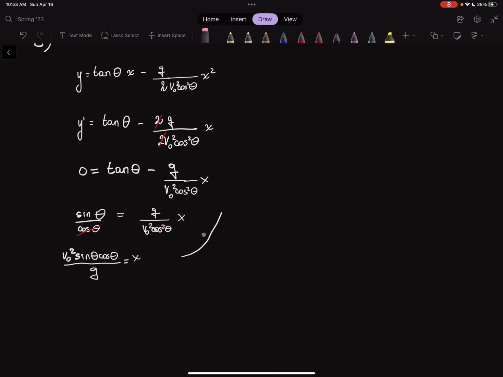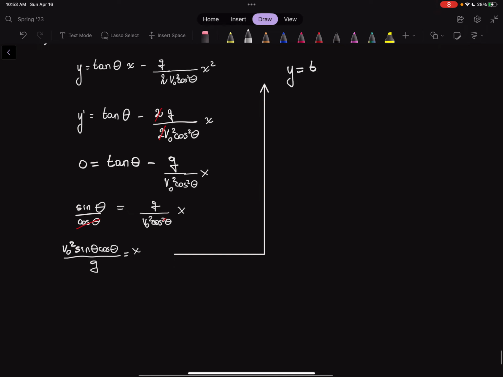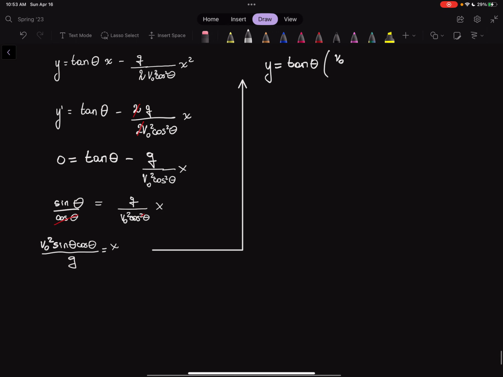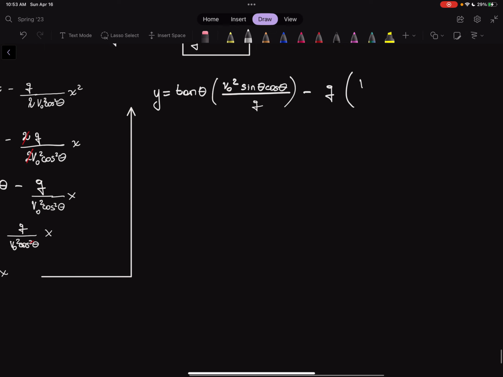So let me just do that real quick, and let me use this arrow. So now we're going to go here, and we're going to be saying that y is equal to the tangent of theta times x at which y is max, which is v naught squared sine of theta cosine of theta, all of that divided by g, and minus g times whatever I wrote in that parenthesis, but now it's squared: sine theta cosine theta, all of it divided by g, and all of it squared.